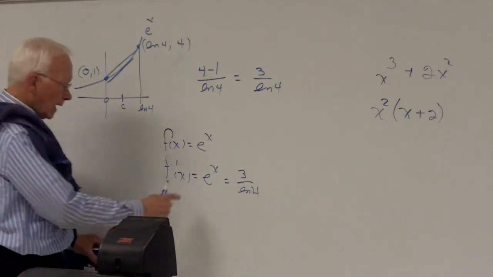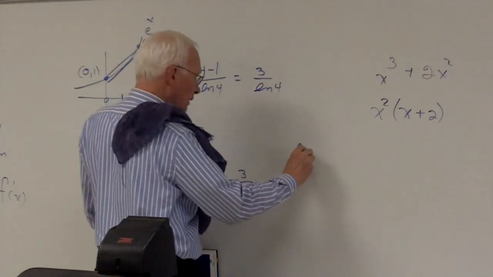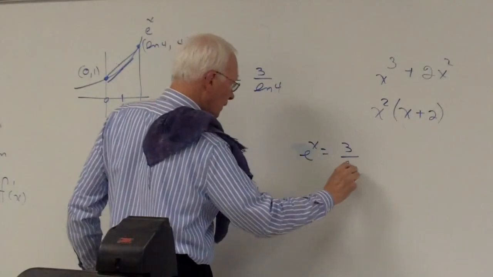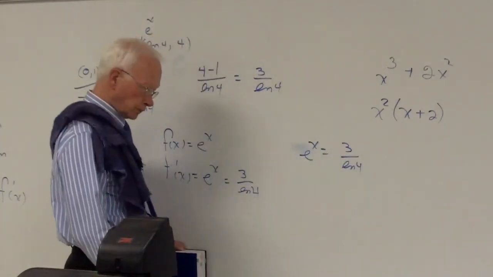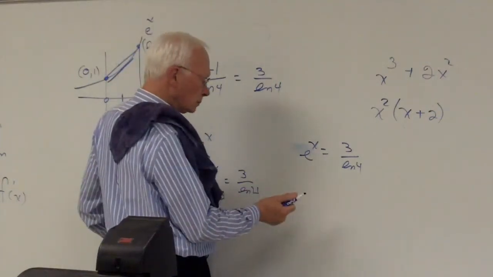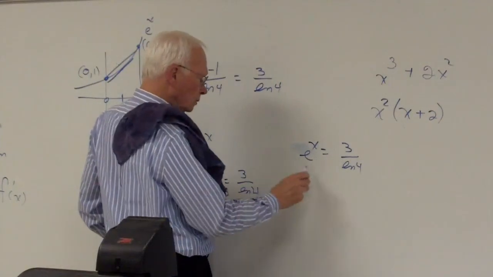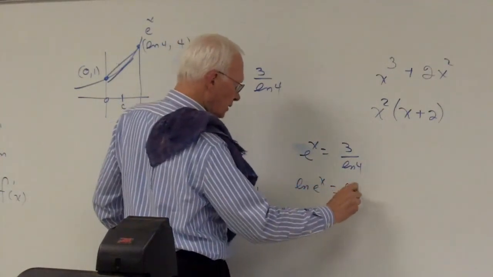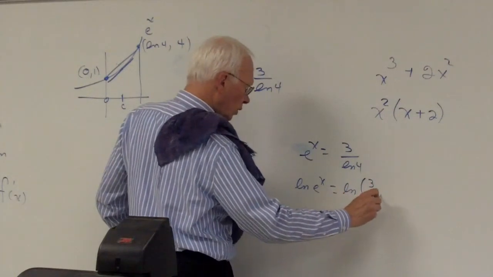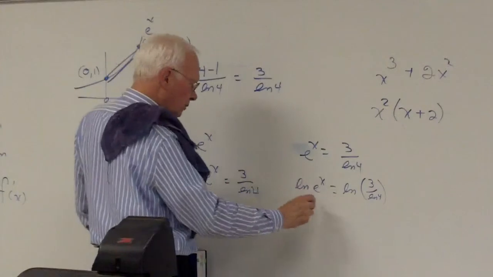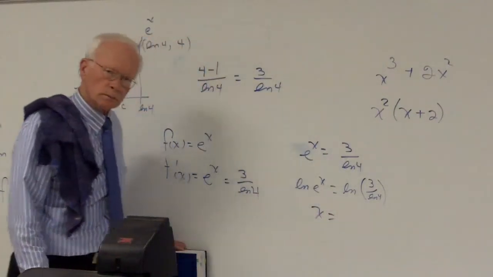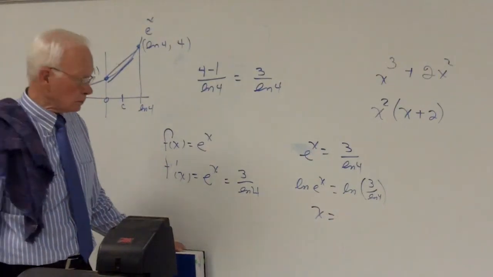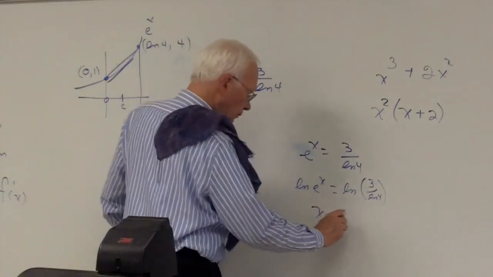So I have e to the x equals 3 over ln of 4. Take the ln. So x is equal to ln of 3 over ln of 4. You don't simplify it more than that? Don't have to, that's the exact answer. So all you have to do is give x equal to that. Good.